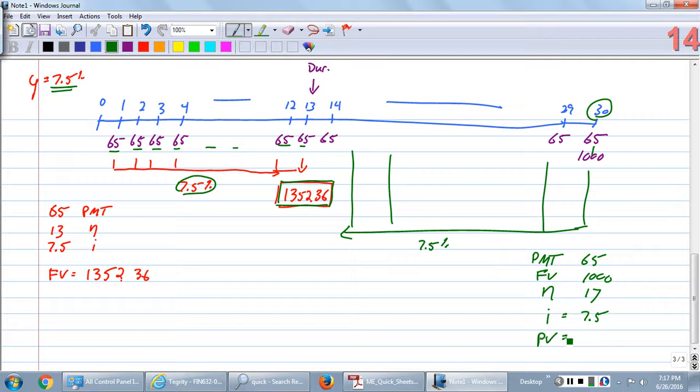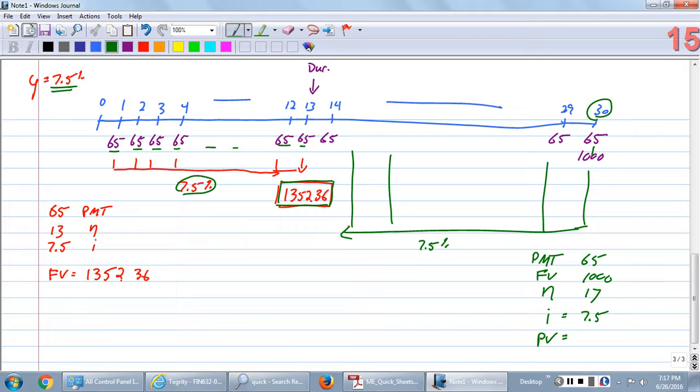Let's see what your bond should be worth. I hope you're following that, because when you get to year 13, you can sell your bond, and whoever buys it is going to buy it based upon all of the remaining cash flows. There's 17 more years worth of cash flows. So what we're doing is determining the present value of those.